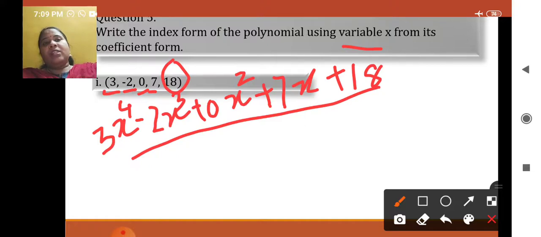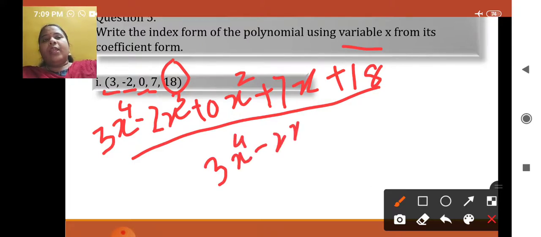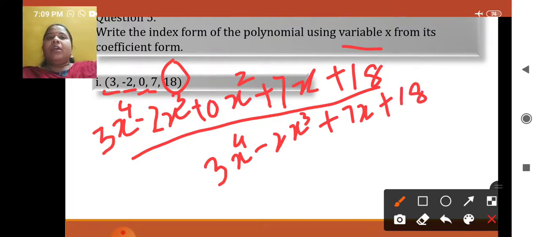Okay. Final answer, you can eliminate the 0x square and it can be written as 3x raised to 4 minus 2x cube. If you don't want to write, you can eliminate that, plus 7x and plus 18. So this is nothing but the index form. I hope you have understood it.